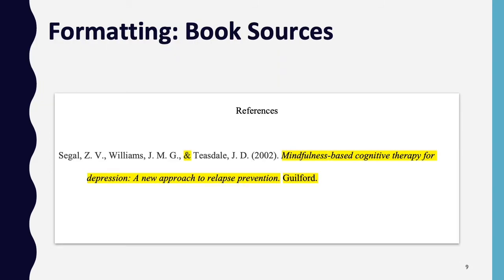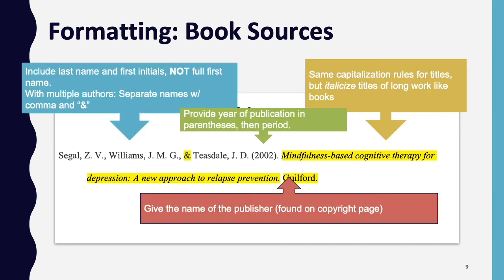Here is a sample citation of a book with multiple authors. To cite this source, you would follow the same pattern as with the journal article, but separate the names of authors with a comma and place an ampersand, the and symbol, before the last author listed.